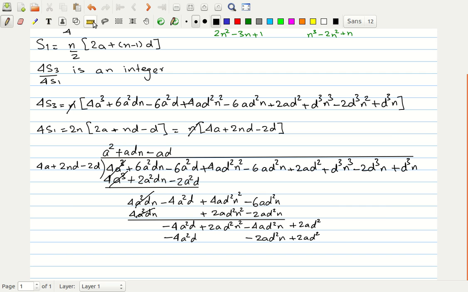Now if we subtract this, we get, this cancels out, this comes down as it is, 2a d square n square, this becomes minus 2a d square n, right, and this cancels out.